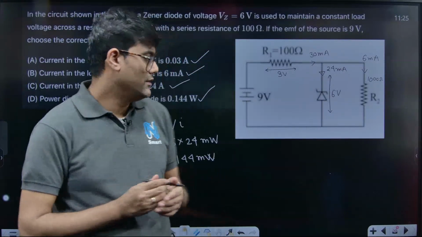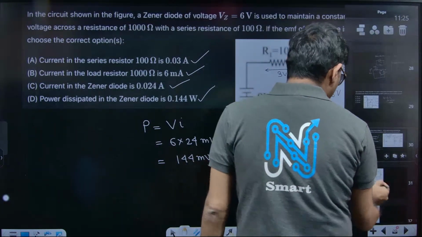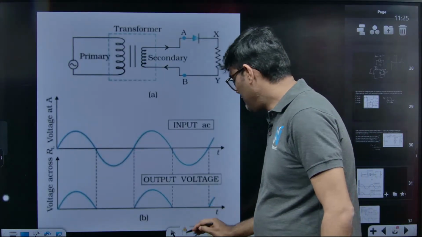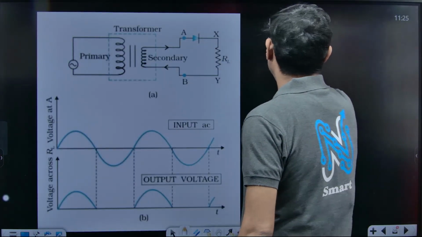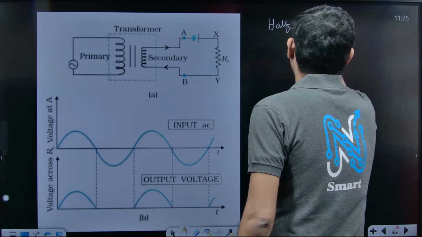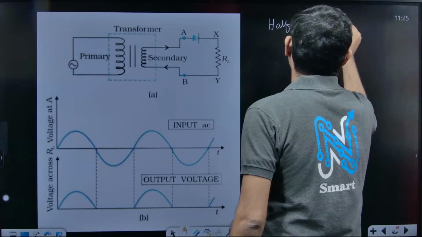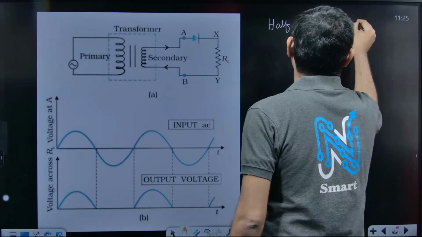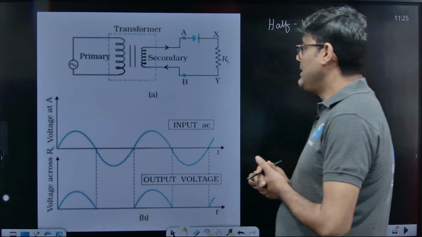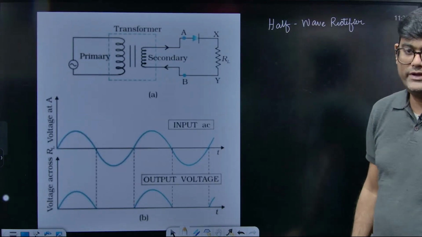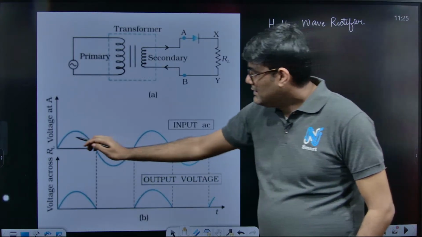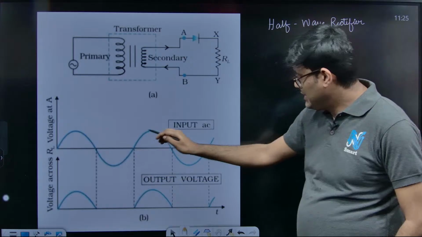We will see the 2 different types of arrangement where we can convert an AC circuit into a DC circuit. So the first arrangement is called a half wave rectifier. The name is because you can see that this is our alternating current input.